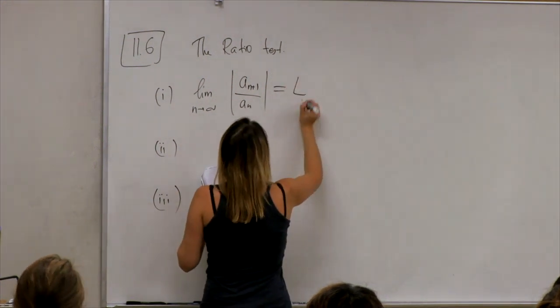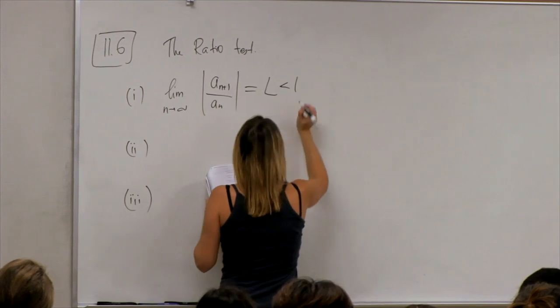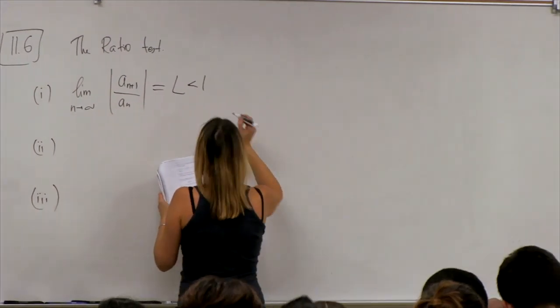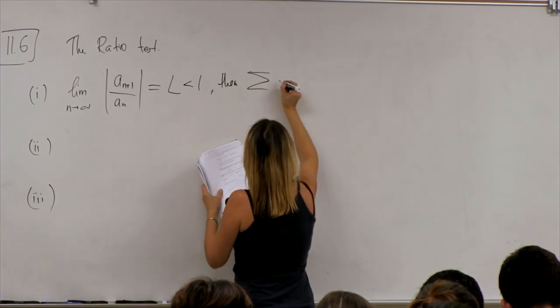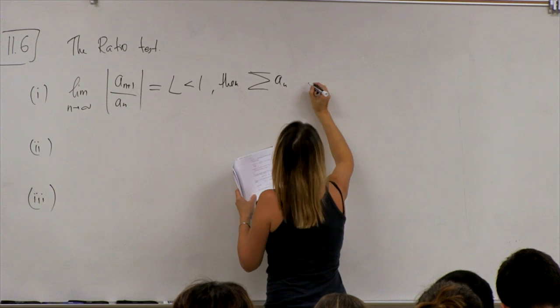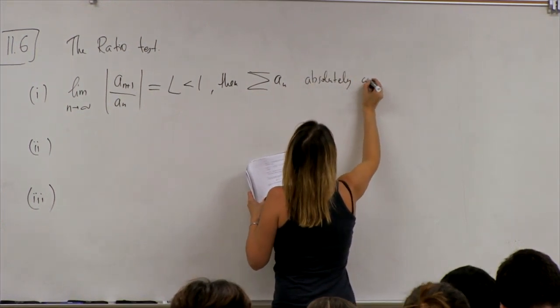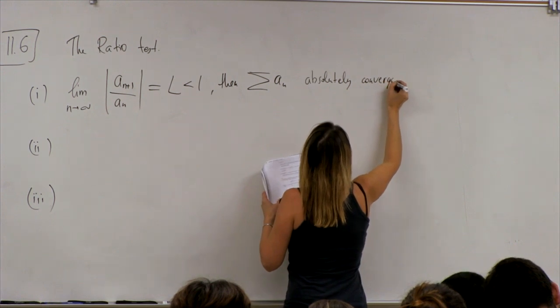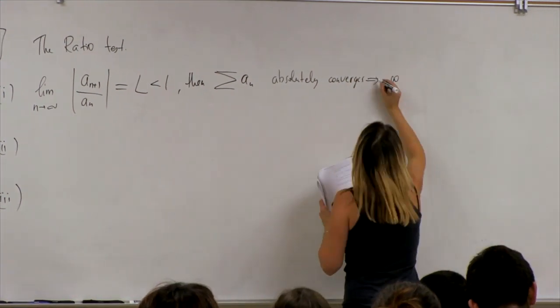And if this limit exists, and it's a number that is smaller than 1, then the series absolutely converges. And therefore it converges by that theorem.